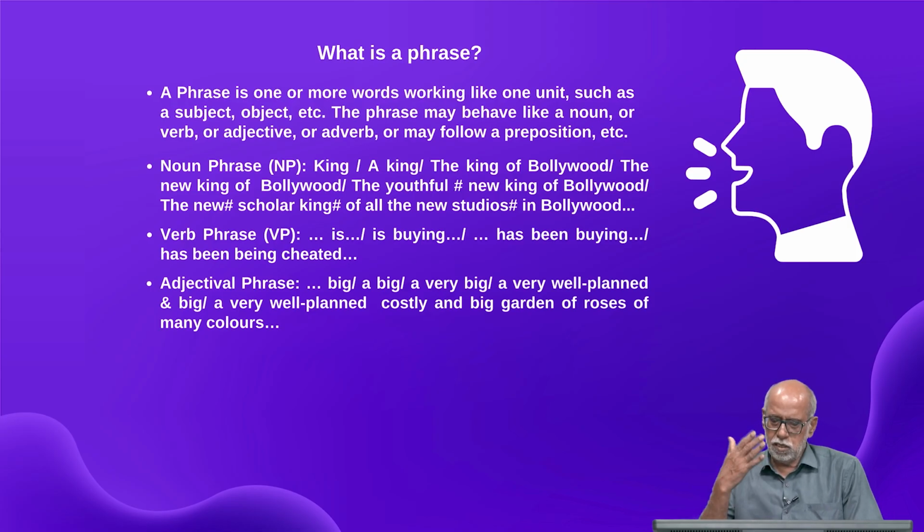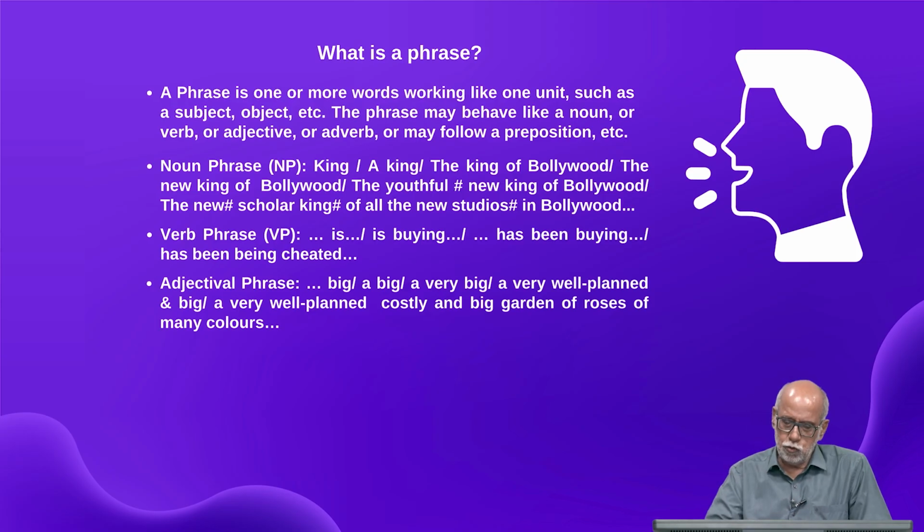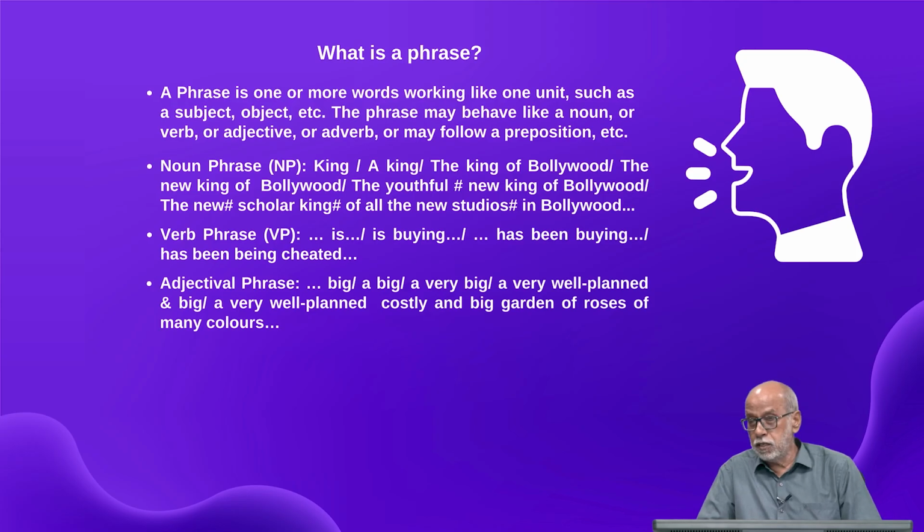word in a sentence, and that is why in English you have a pause after that phrase. But if the phrase is big, then you can have a pause even within the phrase, just as we saw here, a very well planned, costly and big garden of roses of many colors.